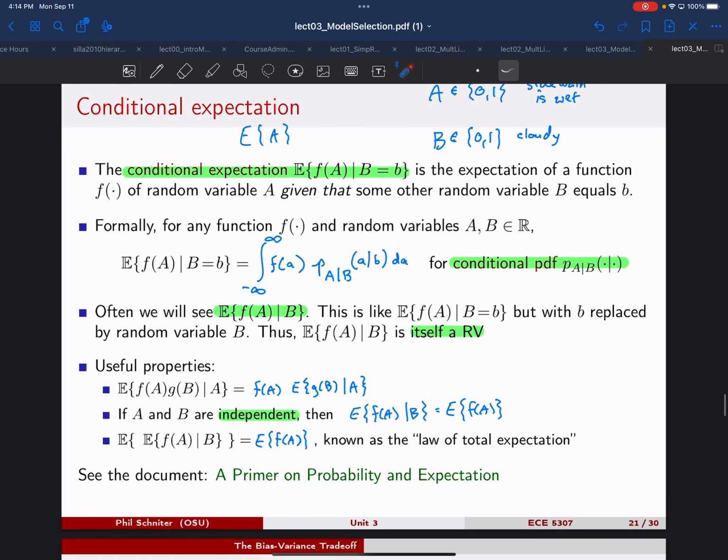Then when we dealt with conditional expectation, we saw that when you condition on A, or say A is given, that means for the purposes of doing this expectation, you're going to treat A as deterministic. So if this was deterministic, then we could pull it out of the expectation, and that's what's happening here.